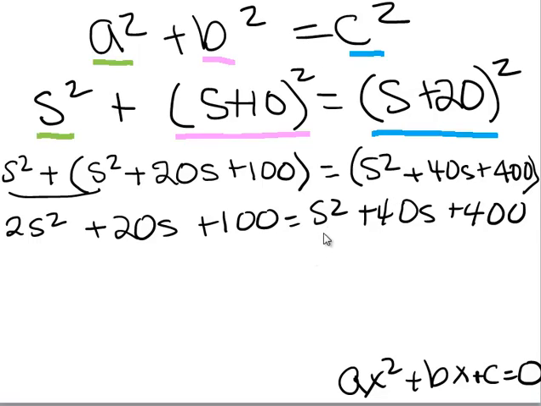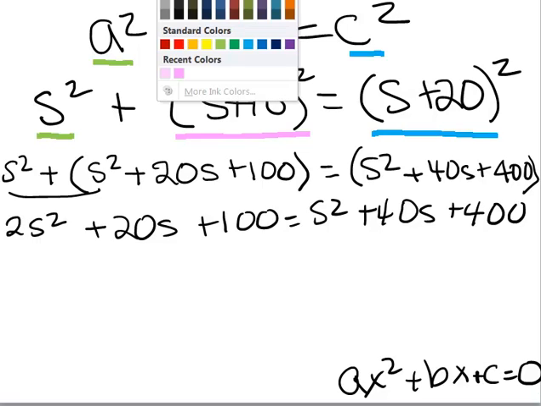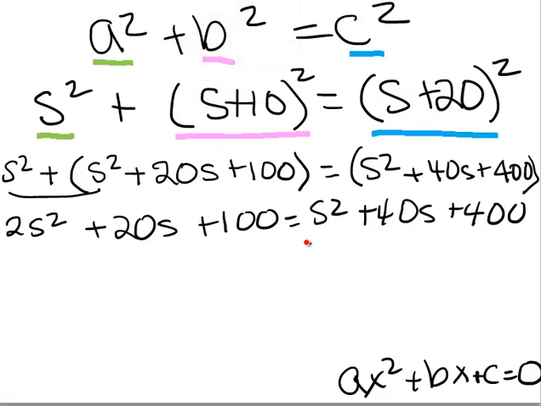I want this side over here to be 0, so I'm going to add the opposite. Let's change colors on that. And what I do to one side, I have to do to the other. So I'm going to subtract the same from here.